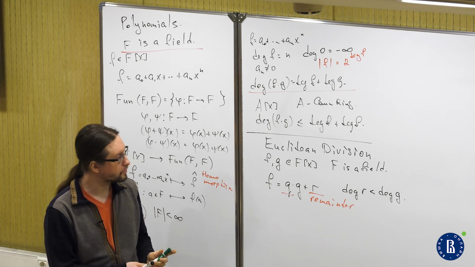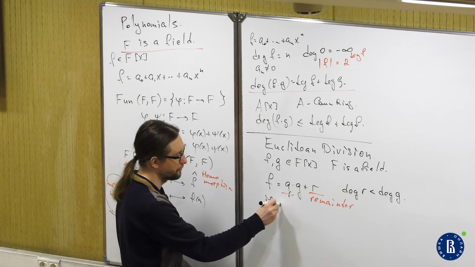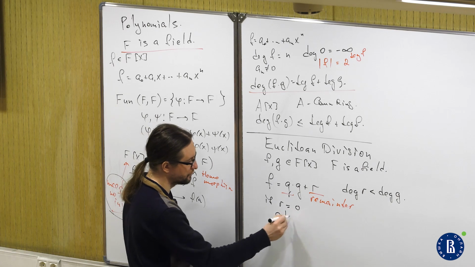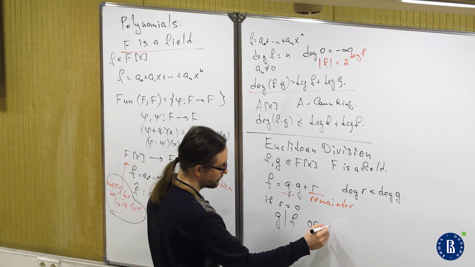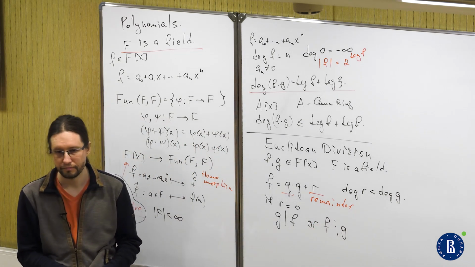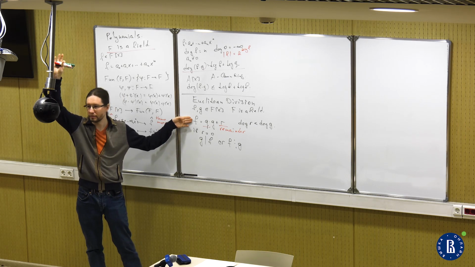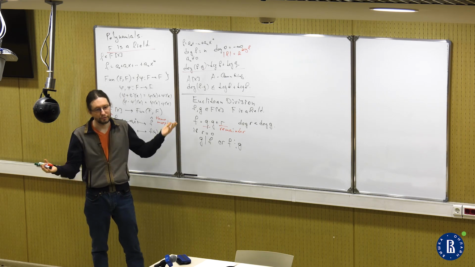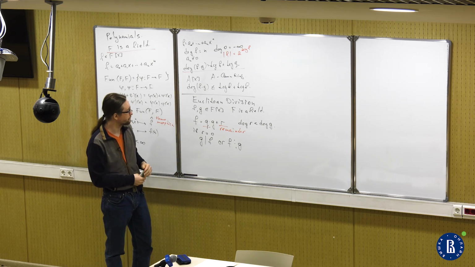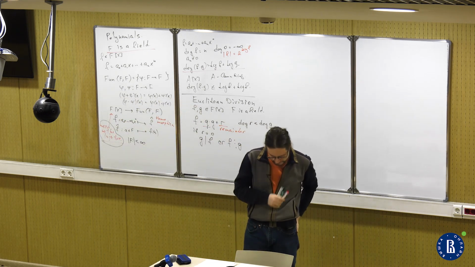If r is 0, we will say that g divides f, or there is another notation, f is divisible by g. Okay, who is familiar with this representation? Okay. So you know what the division with remainder in the ring of polynomials is. Okay, now, what should I say about this thing?